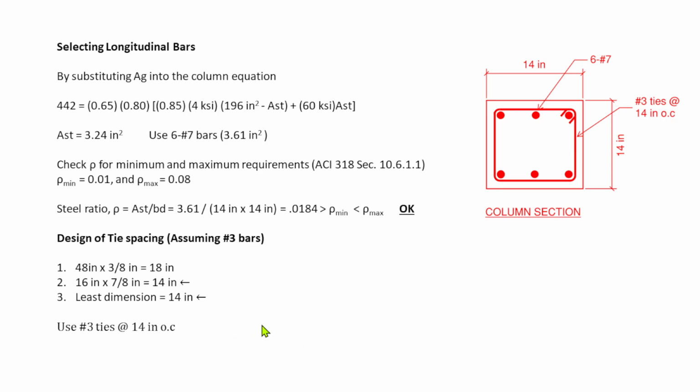So that's all, guys, for the solution of our problem. So these are our requirements: number 3 ties at 14 inches on centers, using 6 number 7 bars. So that's all, guys.